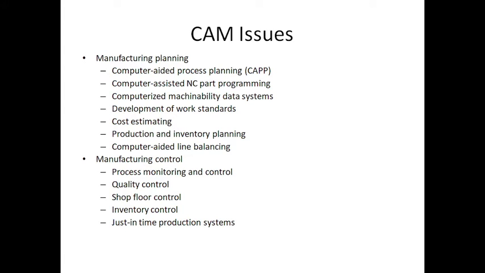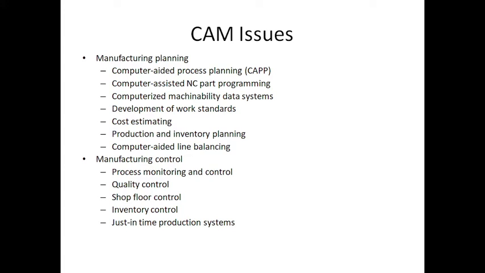Cost estimation, whether you are doing some machining activity or some 3D printing activity, you can always go for cost estimation. Then production and inventory planning: how you want to plan your production targets, and how you are going to correlate your inventory or materials so that you can match the production targets.